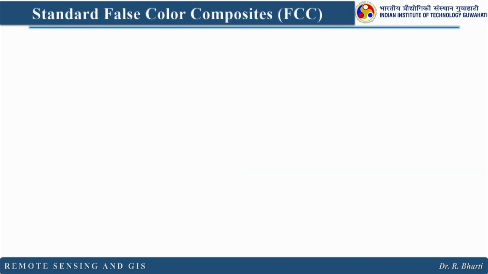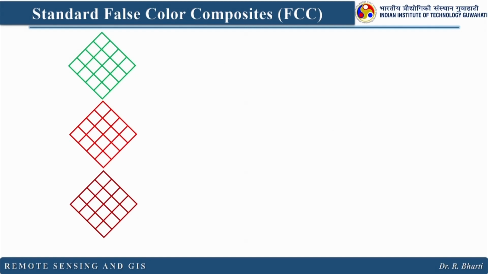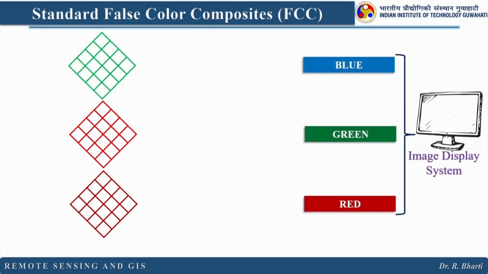In standard false color composite, let us assume that again we have three bands. The first band is the green band, right, and you have different types of display systems. Here we have a monitor with a blue gun, red gun and green gun. These three color guns we have in our monitor, and these are the images captured from the satellite.